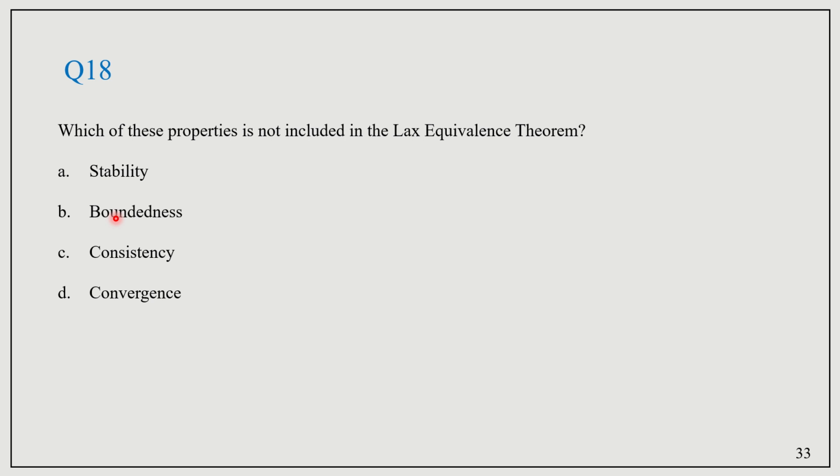So when stability and consistency are ensured, convergence is also ensured. That is what is stated by the Lax equivalence theorem. So options A, C and D are included in the Lax equivalence theorem, but option B is not there.